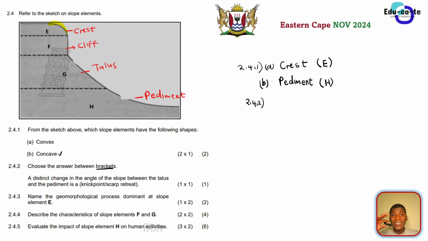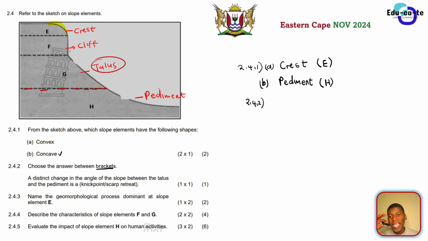Remember, scarp retreat simply means that the scarp is being eroded sideways, and this has nothing to do with a phase change. So the line between the talus and the pediment is known as a nick point.